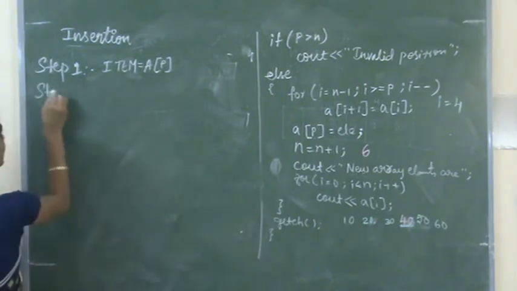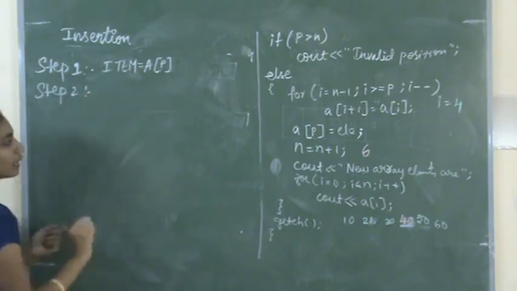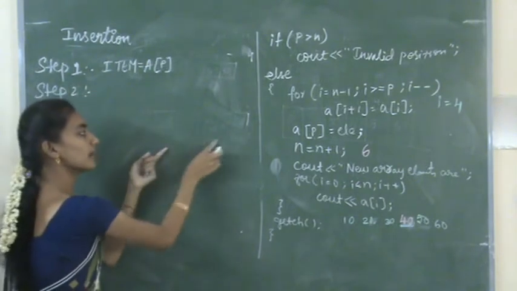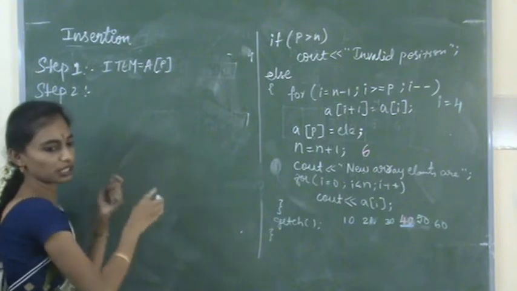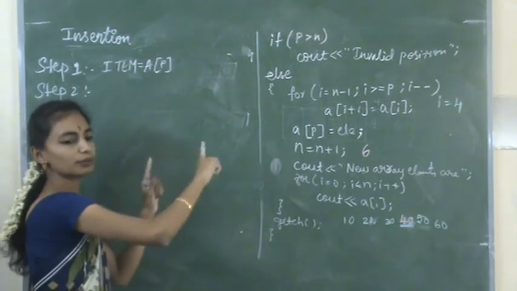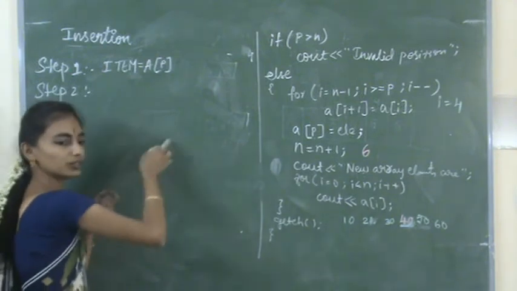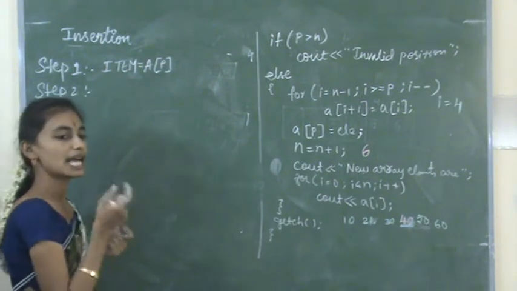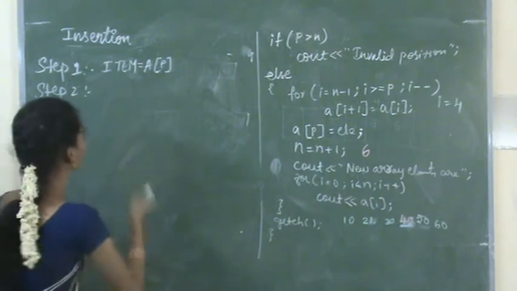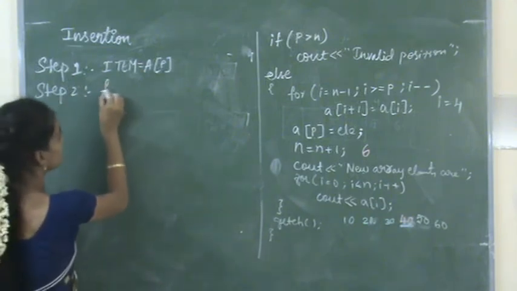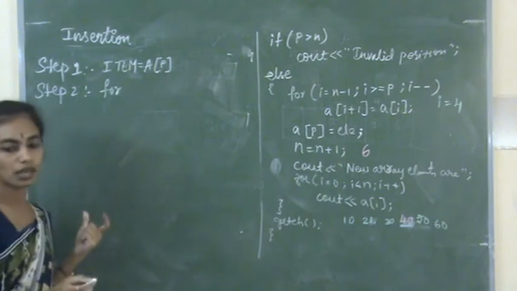So the next step is, I shifted those elements to the previous position. In insertion we shifted to the next position; in deletion we shift to the previous position, which means I minus 1, right? To shift the elements we have to use a for loop.